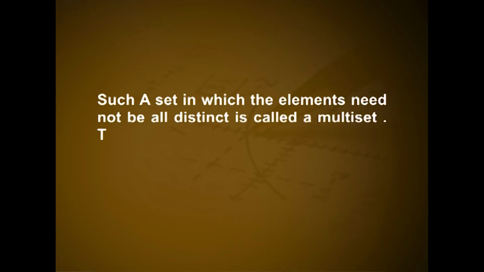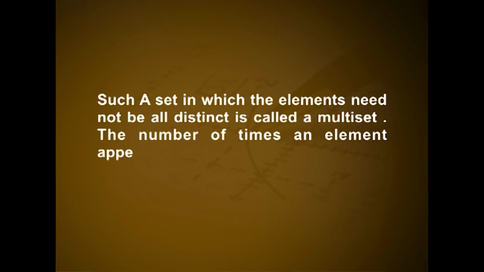It can happen that more than one student has the same name. In that case, a repetition of elements is admissible. In other words, the elements need not be all distinct. Such a set in which the elements need not be all distinct is called a multi-set.